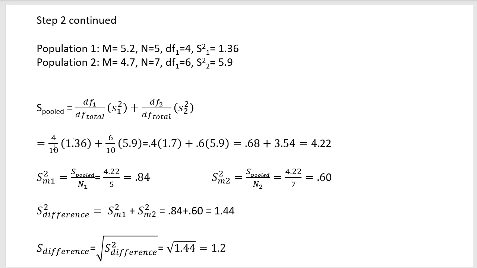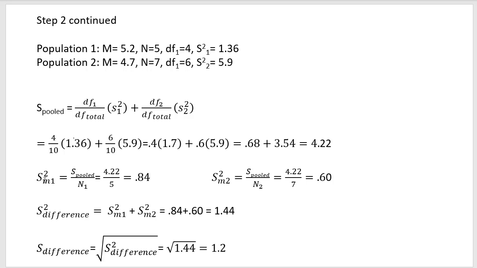So 4 over 10 multiplied by that group's variance, plus the weight of the second group, 6 over 10, multiplied by that variance, which equals 0.4 times 1.7 plus 0.6 times 5.9, which equals 0.68 plus 3.54, which equals 4.22. So the pooled variance between the two groups is 4.22.